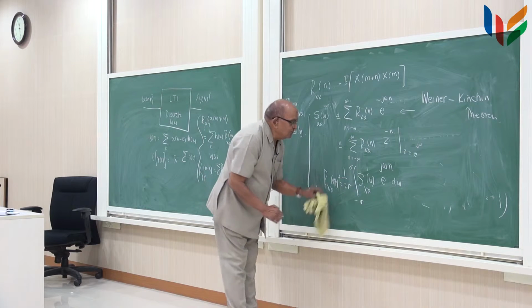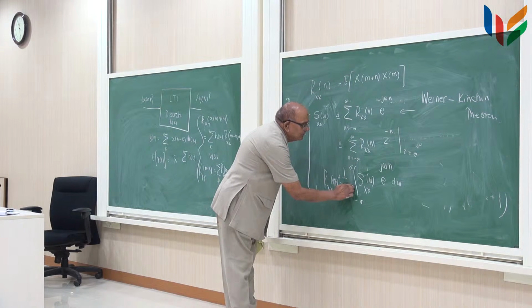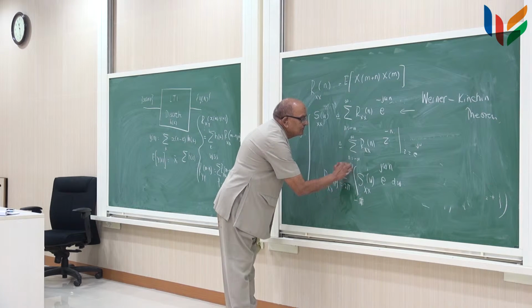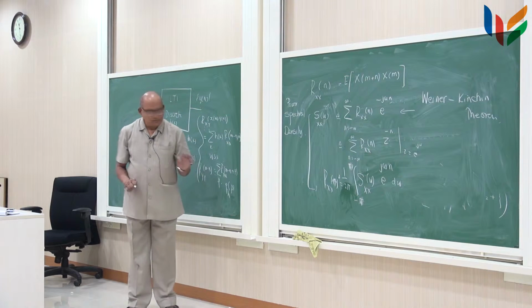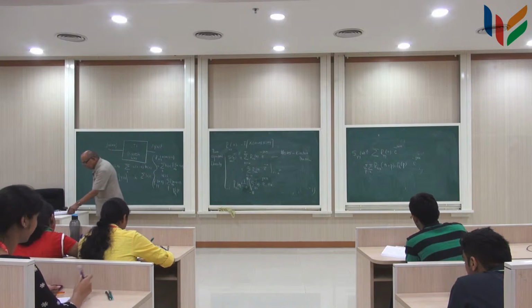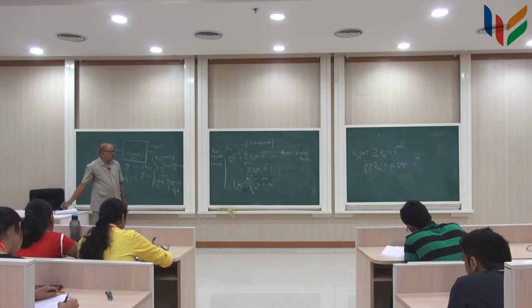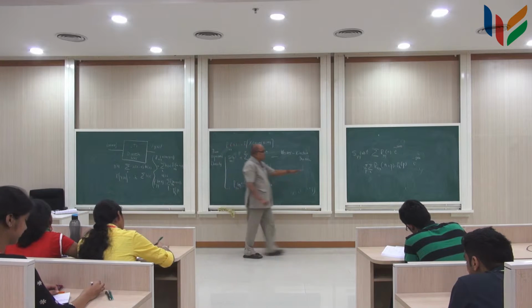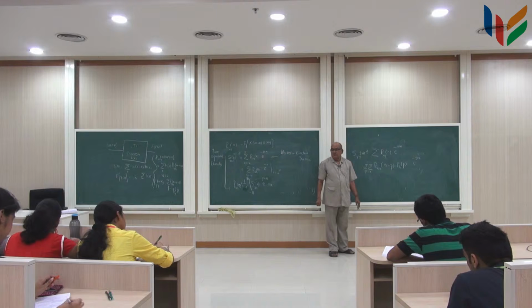Actually, you can even take that as the definition, 1 by 2 pi, correct? If I now use this definition here, what do I get?